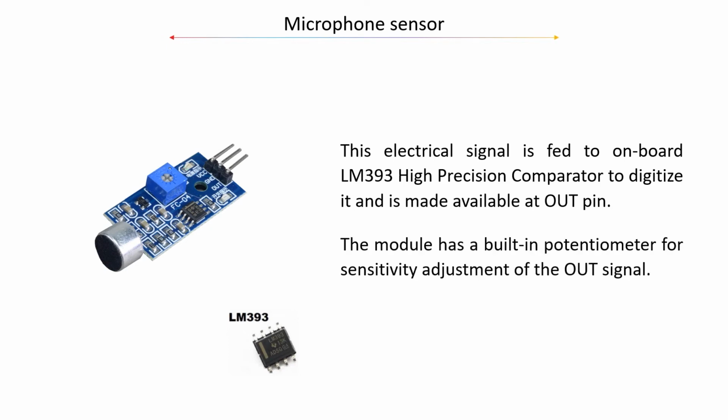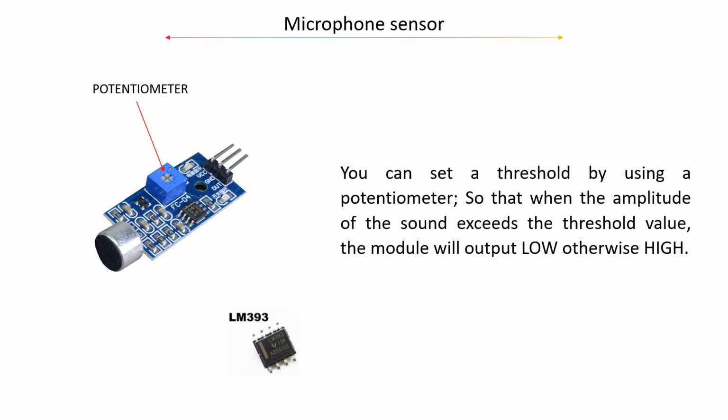The module has a built-in potentiometer for sensitivity adjustments of the out signal. You can also set a threshold by using the potentiometer so that when the amplitude of the sound exceeds the threshold value, the module will output low, and otherwise high.